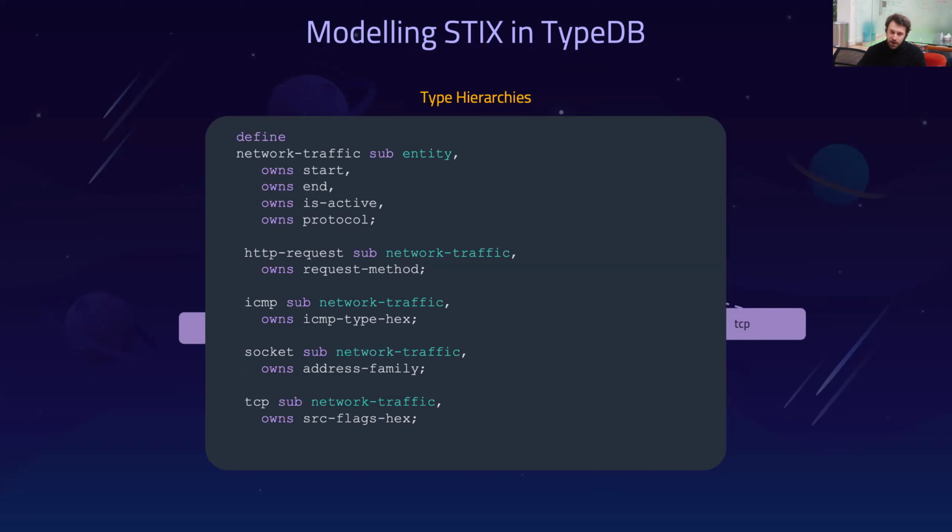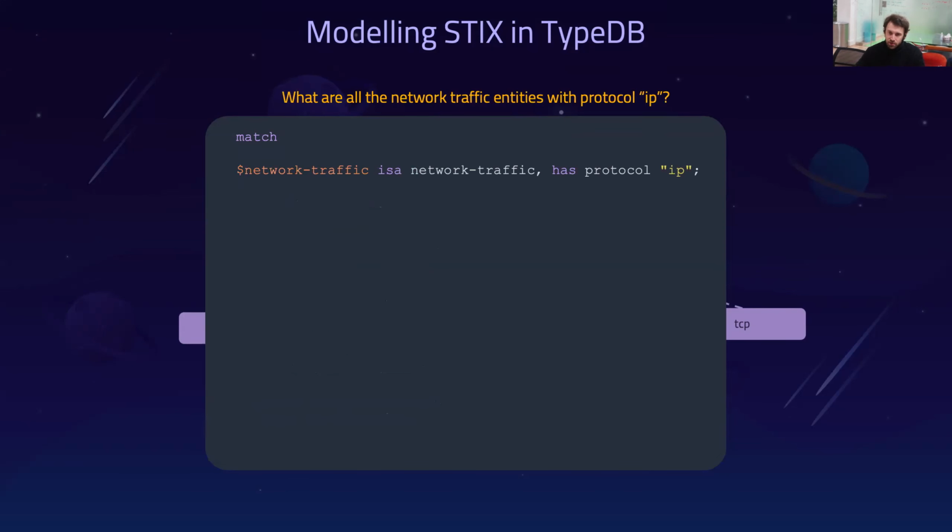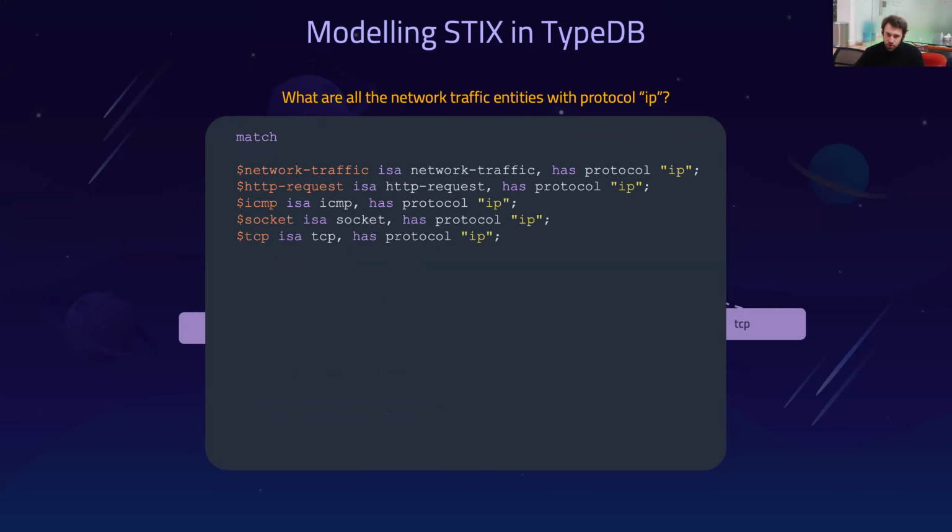hierarchies. And by using the type hierarchies, what that means is that, let's say we want to be returned all the network traffic entities that have a protocol IP. Now, if we're using any other database, we would actually have to write every single instance of network traffic.